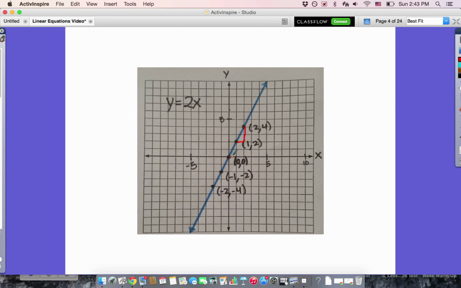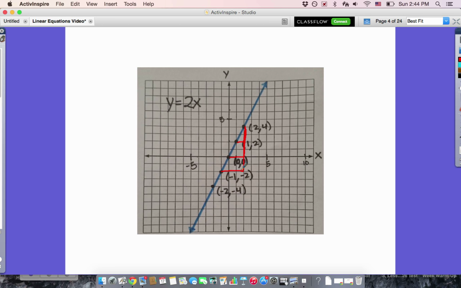So if we see here, we have many of these triangles. In this triangle up here, y grows 2 for every 1 that we move to the right. And in this triangle, when x grows 2 units, y grows 4 units, which is the same thing as y grows 2 for every 1 that x grows.